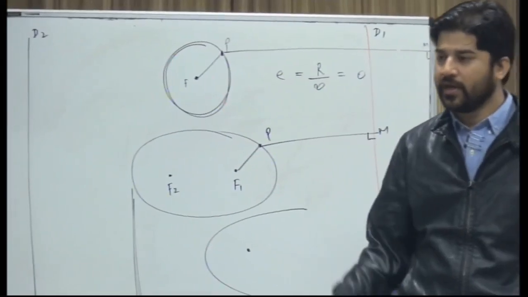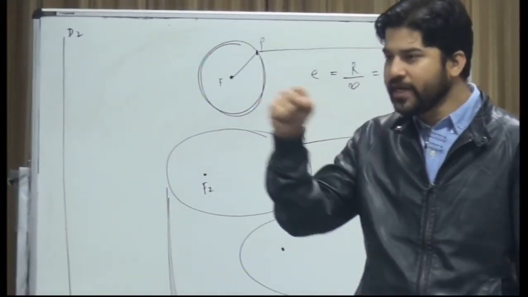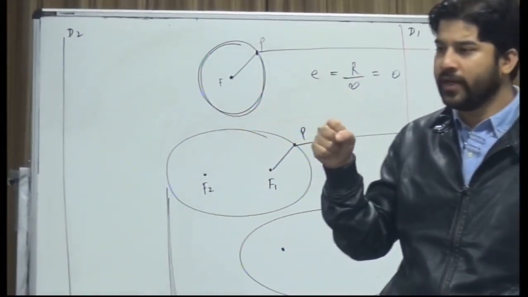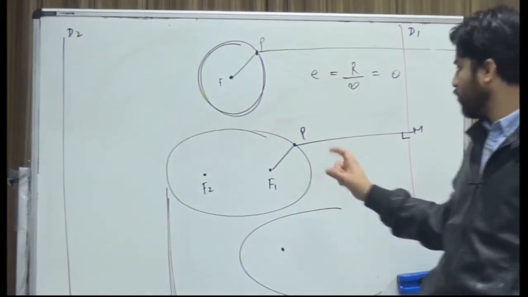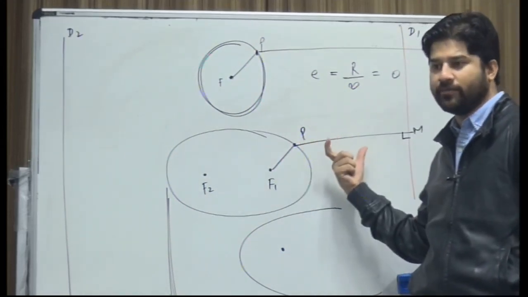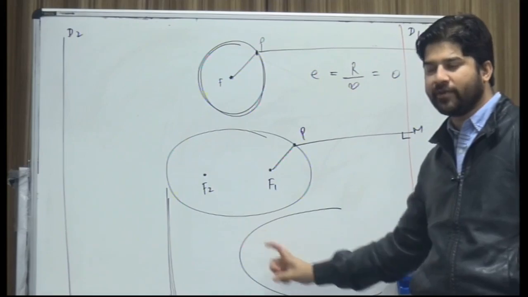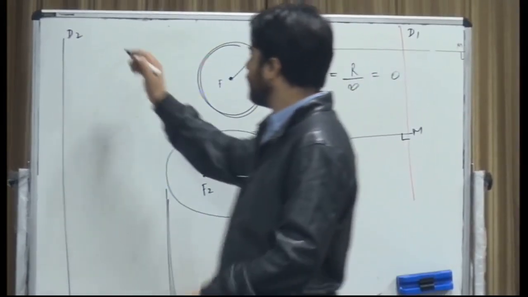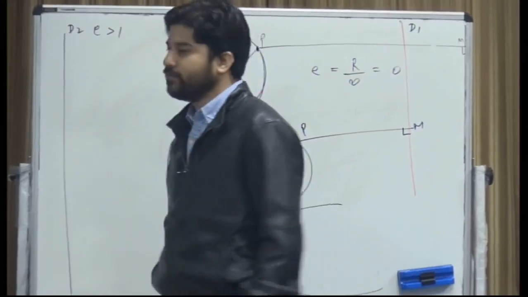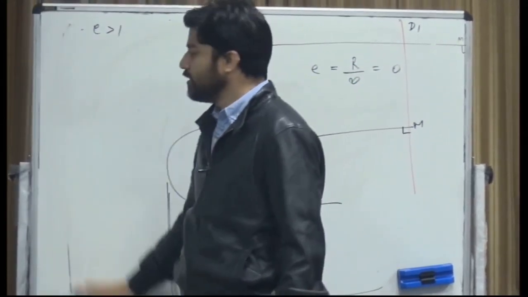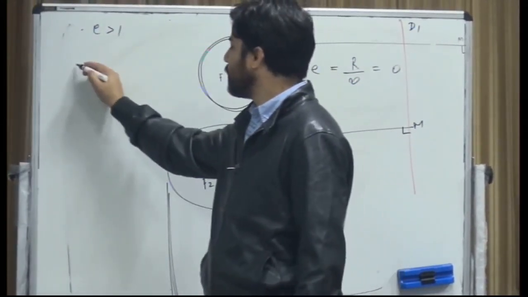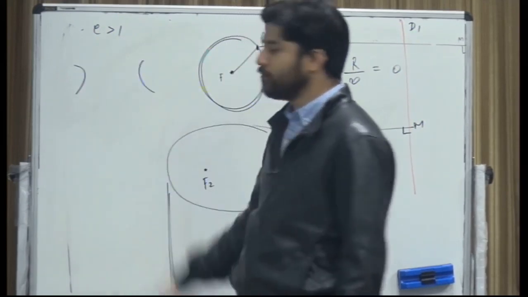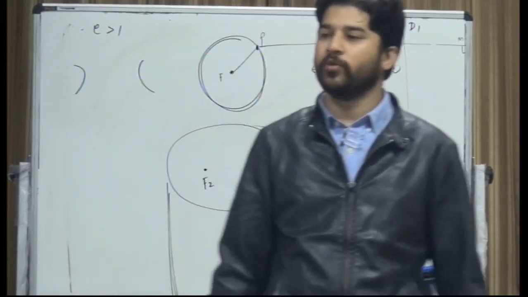Understood? Now when you are bringing it much more closer, here PF and PM are equal. In parabola, PF and PM are equal. And the moment you get E greater than 1, both parabola splits into hyperbola.